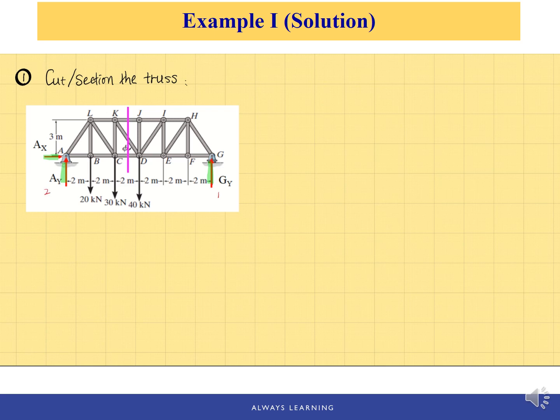Now, if we also take a look at the applied forces, at the left segment we have 2 applied forces, but at the right segment we just have 1. So think about when you write the equilibrium equations, do you want to see more forces appear in your equilibrium equation, or do you rather have none, or just 1 force?